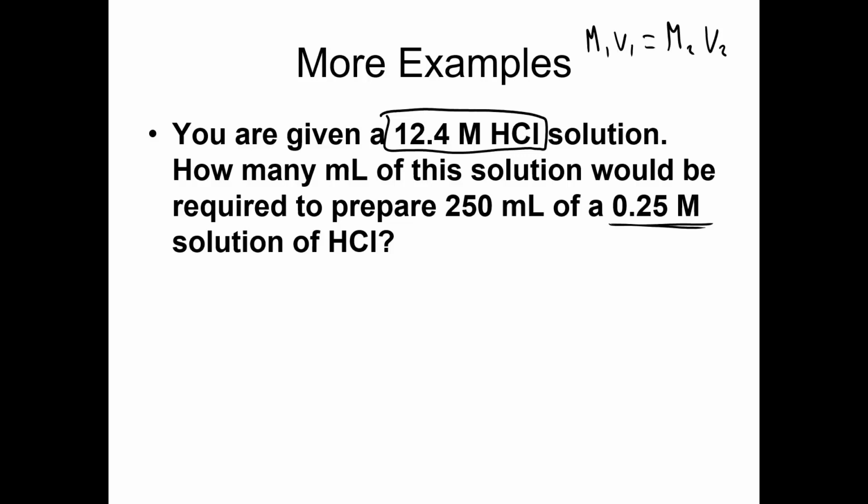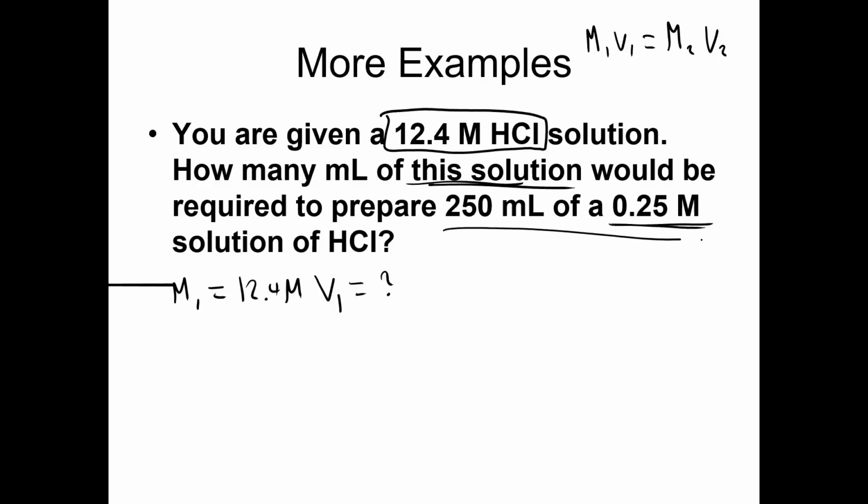For example, if I simply take this 12.4 molar solution and make it M1, that's just fine. Then I need to realize that V1, which is how much of that solution I need, belongs there. So that is going to be our question mark, or X.